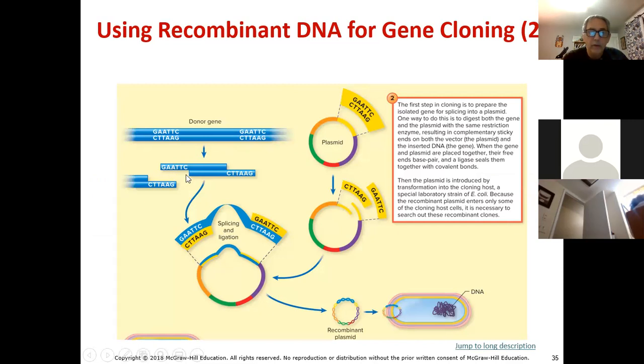The endonucleases create these staggered cuts that allow us to cut out a piece of donor DNA and then splice it into a segment of DNA, into a plasmid.